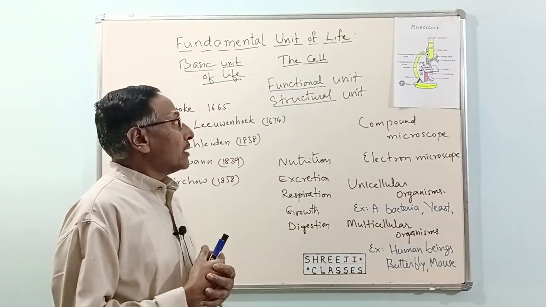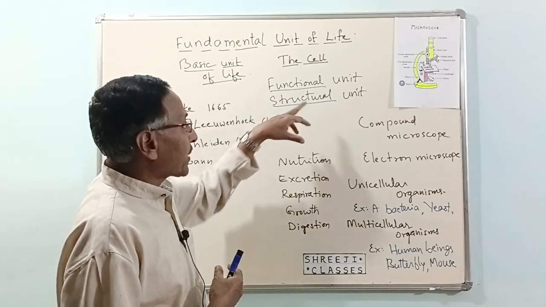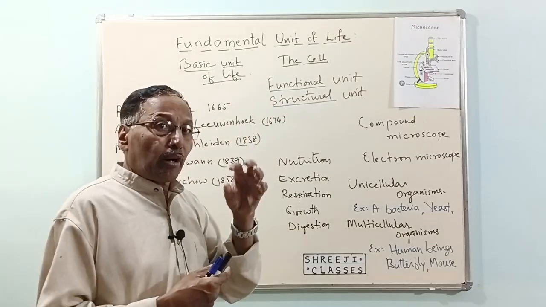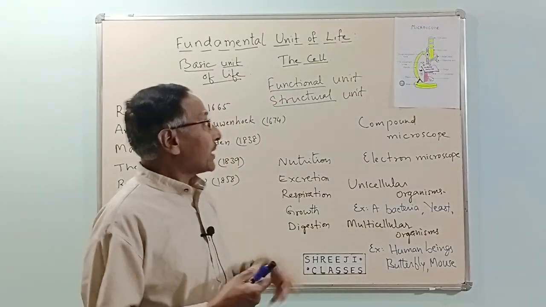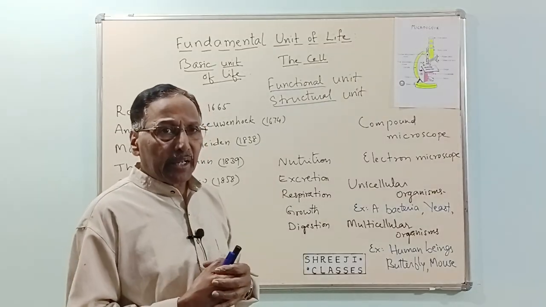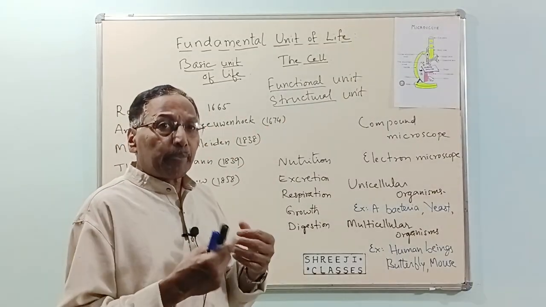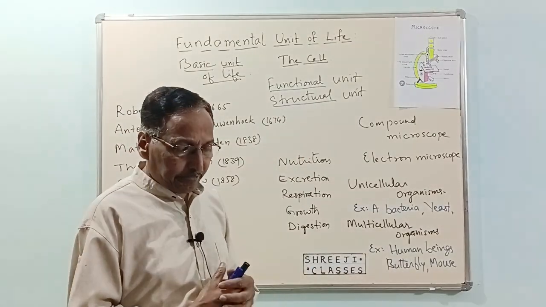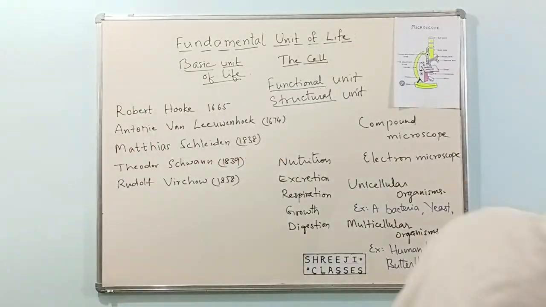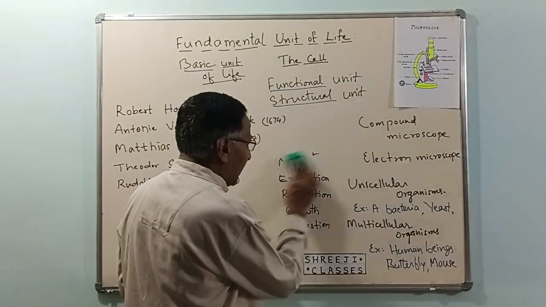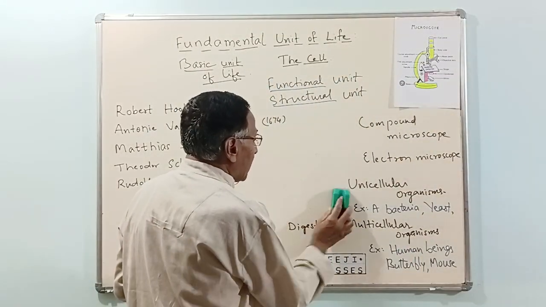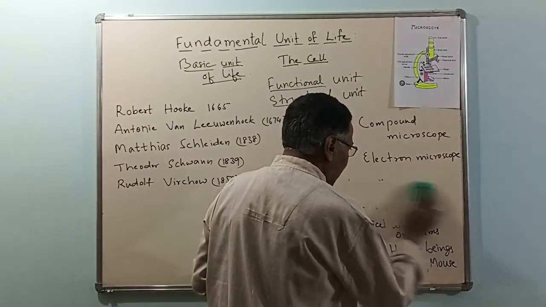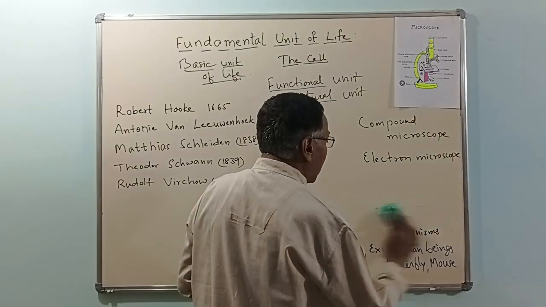This cell is called a functional unit, structural unit, because depending on the function, depending on the activity that it does, it has a different structure. Depending upon the work that a cell does, it has a different structure. Like for example, in our own body, we have different cells. What types of cells do we have?